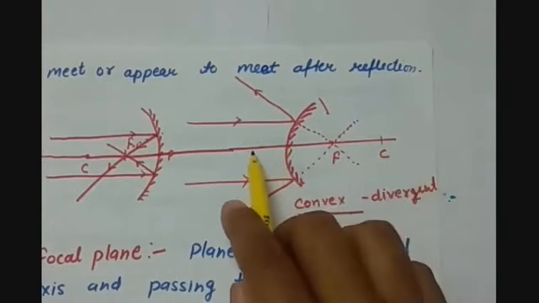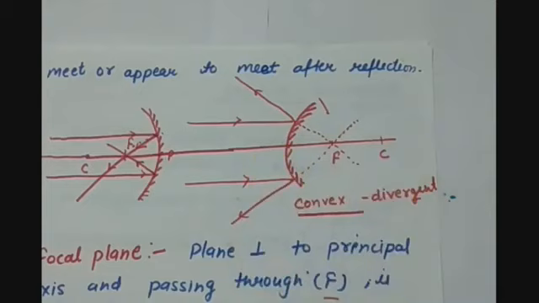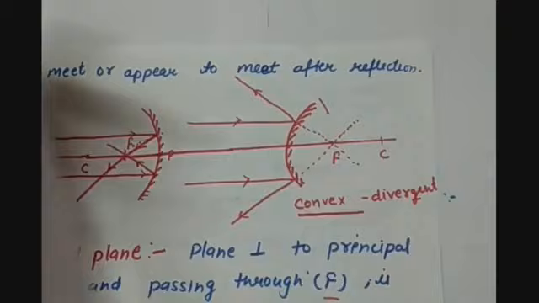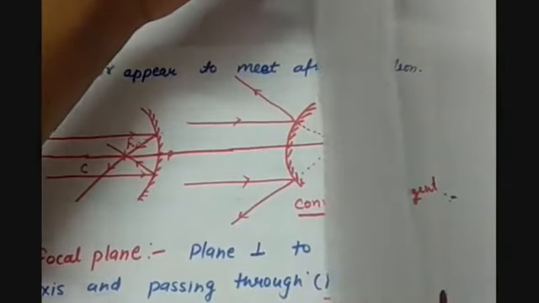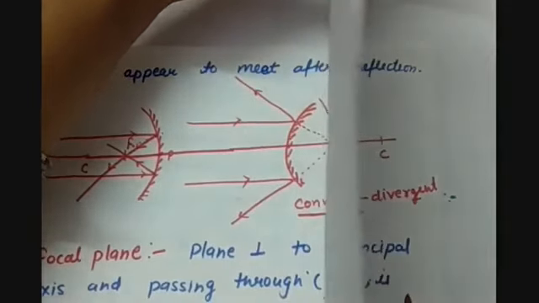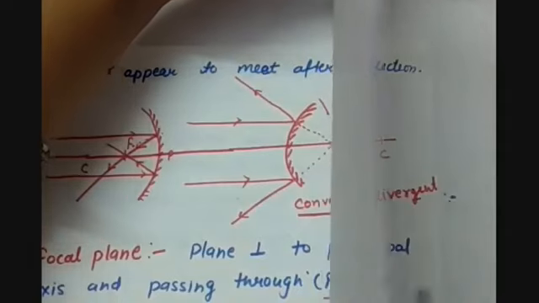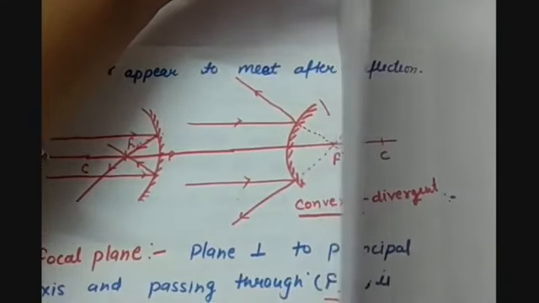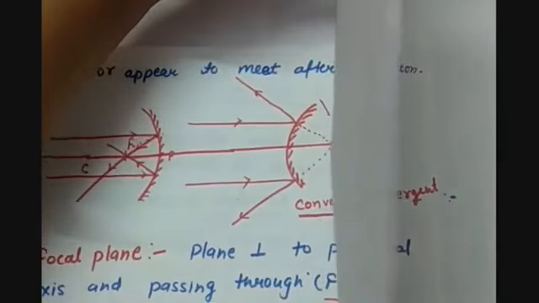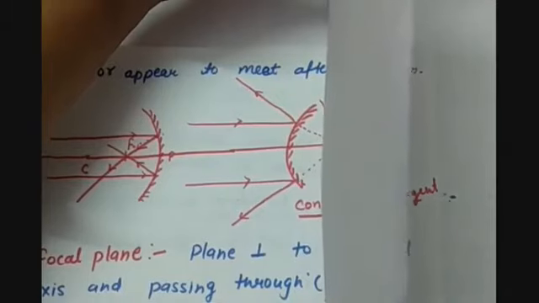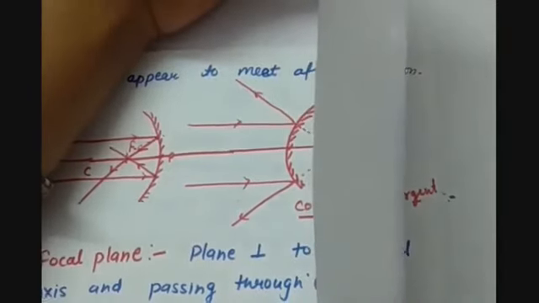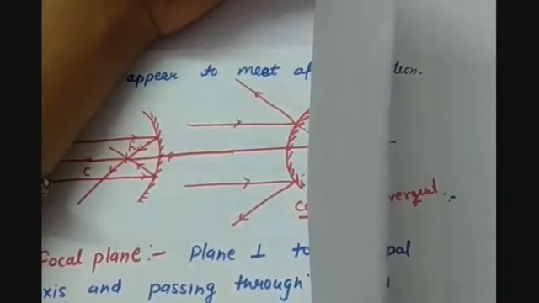So if the principal axis is parallel to the plane of paper, then the focus will be perpendicular to the principal axis. So here we have one paper which is perpendicular to the plane of paper, and in this paper the focus point lies.